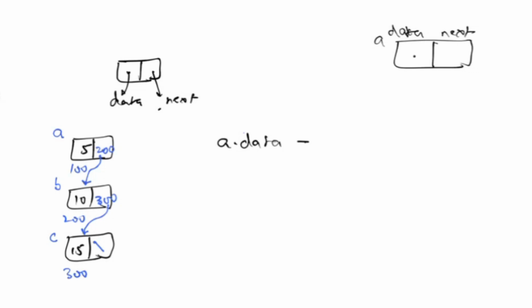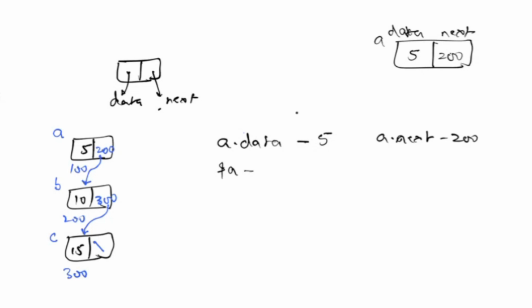In the data field, we have stored 5, and in the next field, we have stored the address of B. So if I say a dot data, it will be 5. If I say print a dot next, then what will get printed? Then we get 200, the address of B.